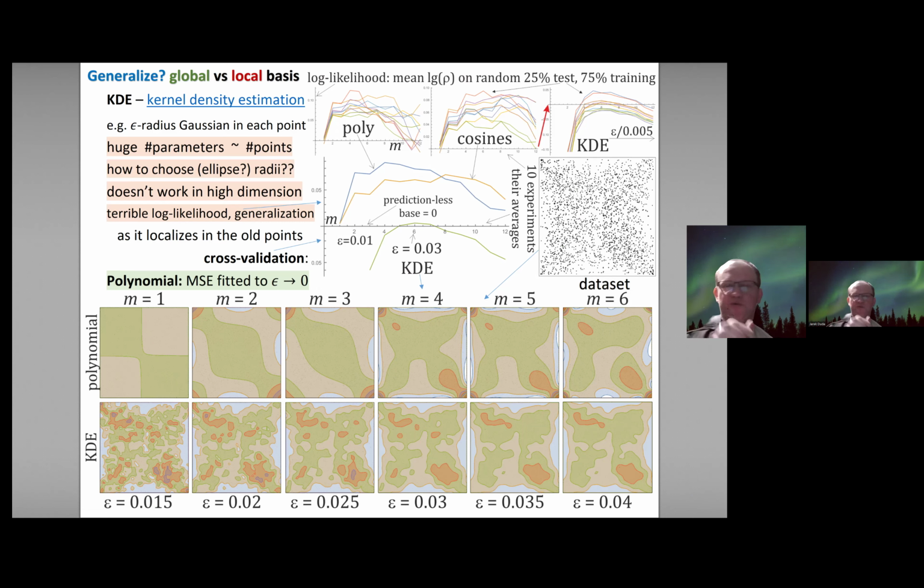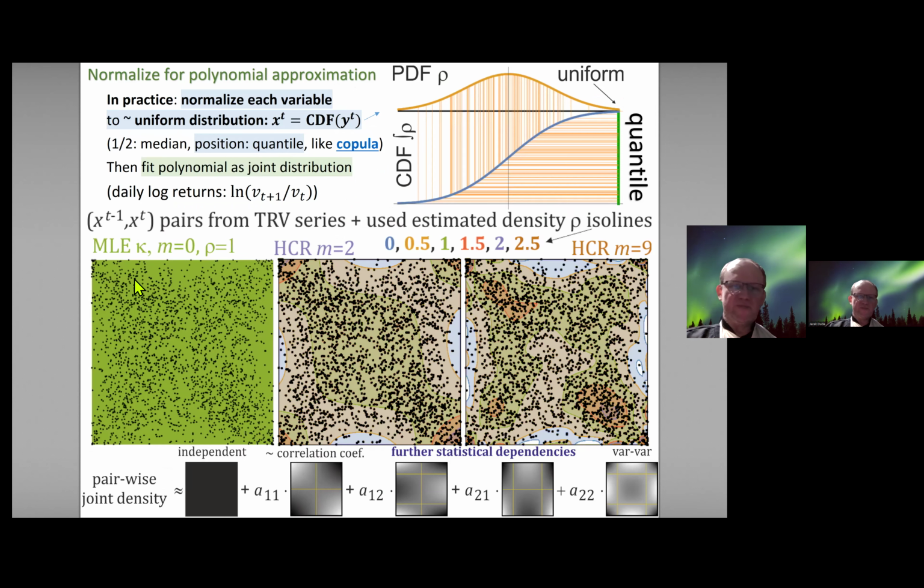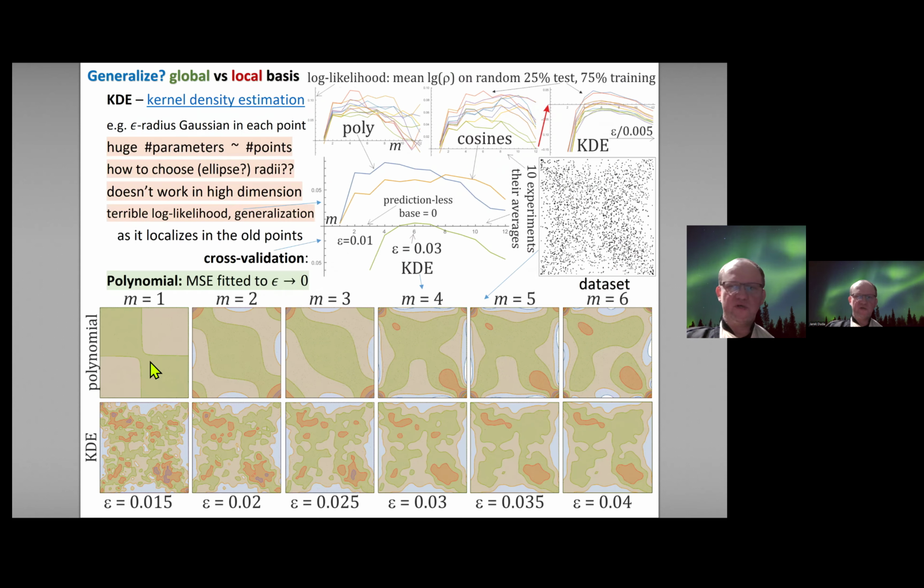So we get a training set and then test on the separate set how well the model works outside. And there is usually used log likelihood, for example the average logarithm of density over our sample. So for this case this is 0. So the log likelihood is 0 here.